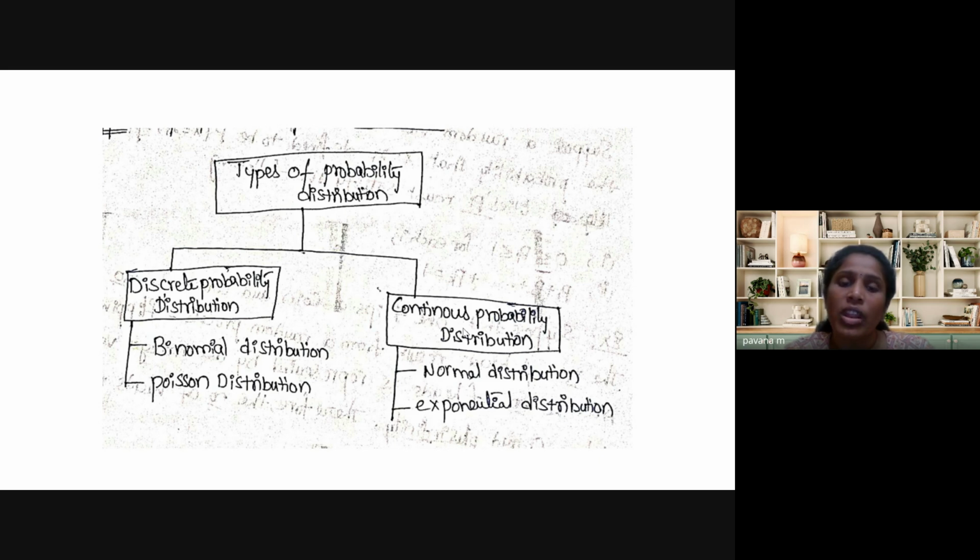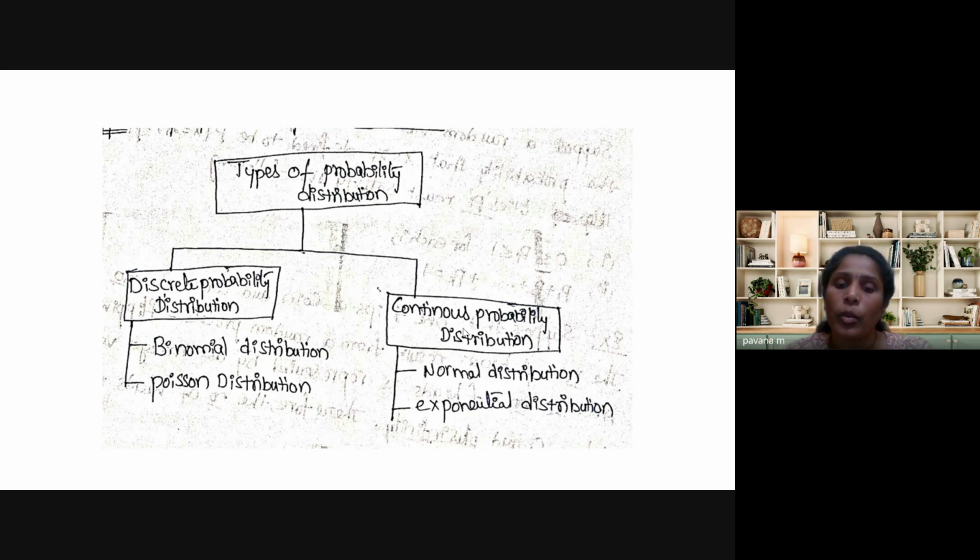These are very rare conditions. If you want to know the probability of such rare conditions, then you will use Poisson's distribution. Both are expressed in integers, that's why these two distributions come under discrete probability distribution.